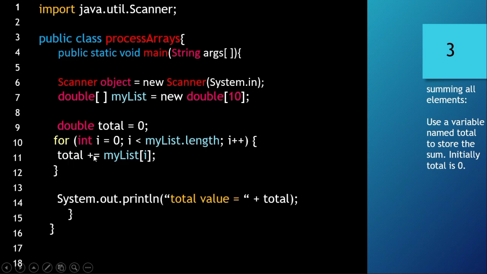If you don't know what these augmented operators are, you should go watch the video on selections. And we have our total value here, and we have got our augmented operator, and then we have my list at I. So whatever value that we plug into this array, or whatever values are already in the array, are going to be added to all that, and then we are going to get the value of total here.